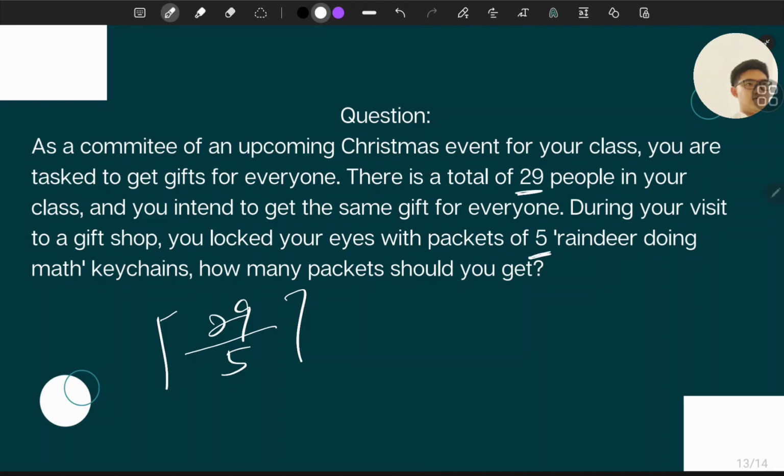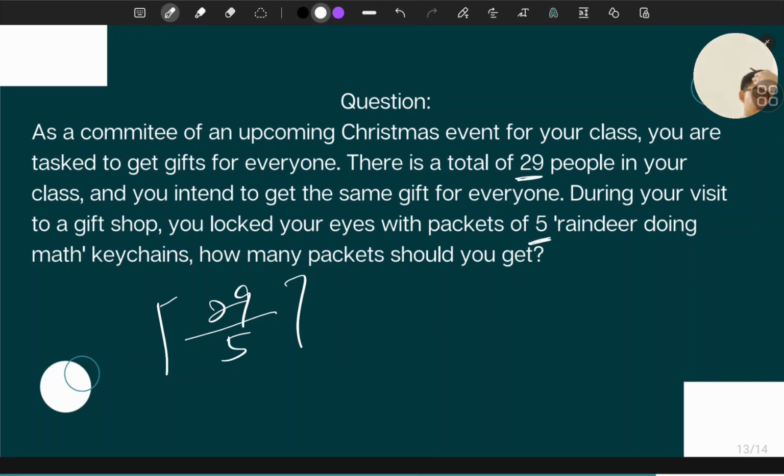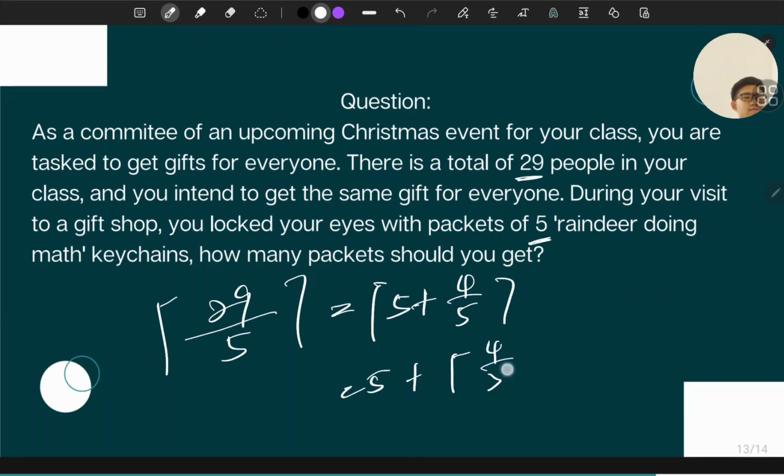Oh wait, yeah, my bad, ceiling. So basically, 29 divided by 5 is 5 plus 4 over 5, which is basically 5 plus a fraction. So the ceiling of this is basically just 1 more. Therefore, your answer should be 6. You need to get 6 packets.